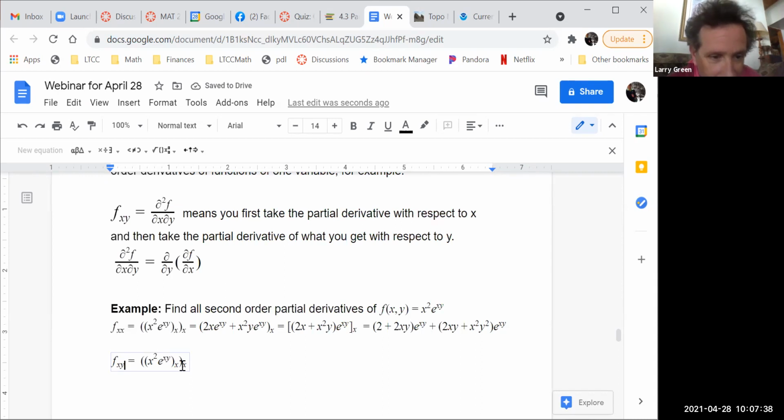Okay, and now we're going to go with respect to x, and its derivative with respect to y. And the good news is we already did the derivative with respect to x, so I can just copy and paste. Change that x to a y.